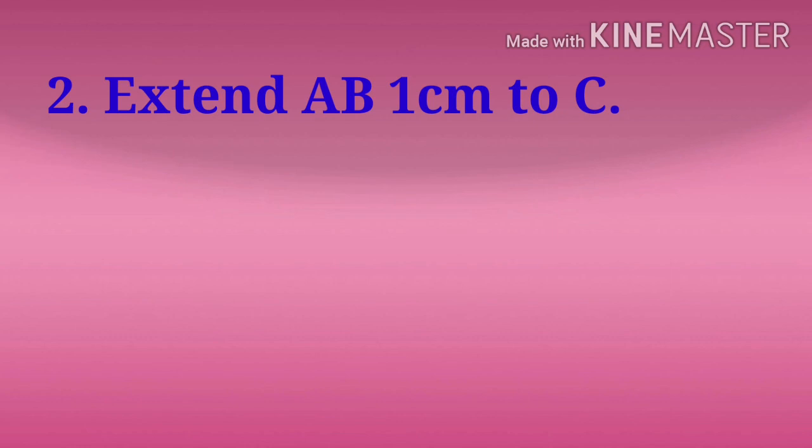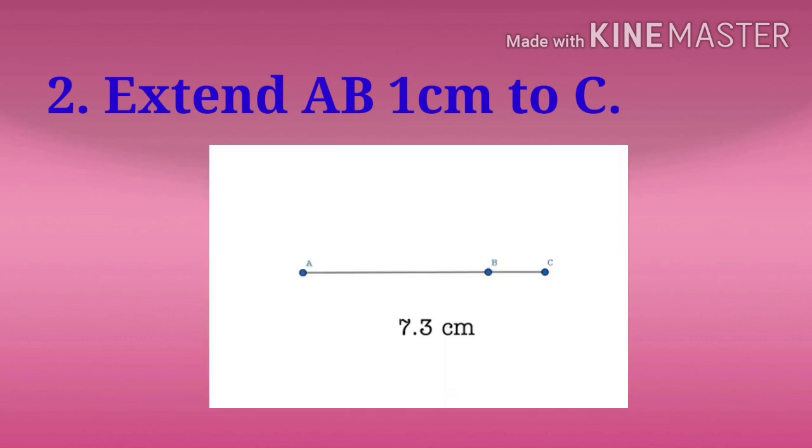After B, you have to extend that line AB to C. The distance between B to C is 1 centimeter. In all cases, you have to extend 1 centimeter. Here 6.3. Suppose the number is 10.3, then also you have to extend 1 centimeter. Draw a line of 10.3 centimeter and extend 1 centimeter. In all cases, you have to extend 1 centimeter.